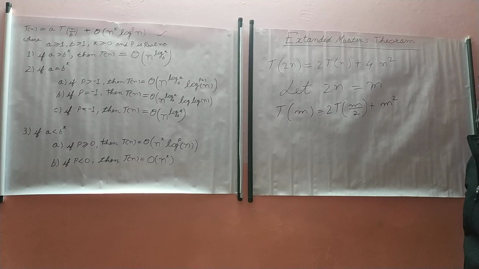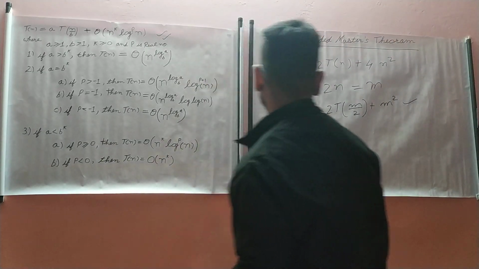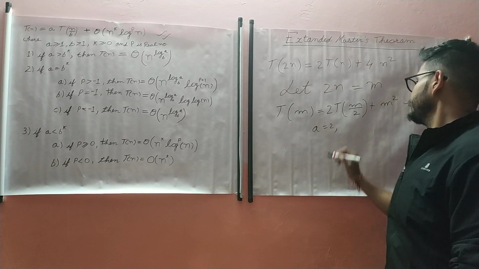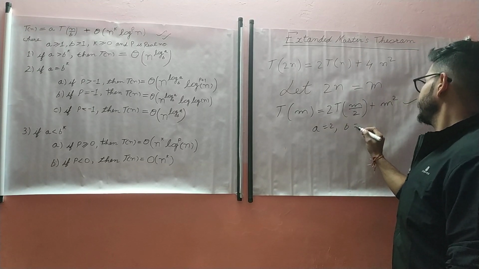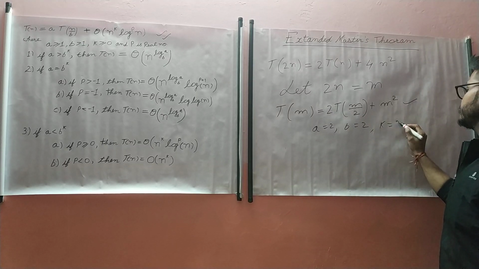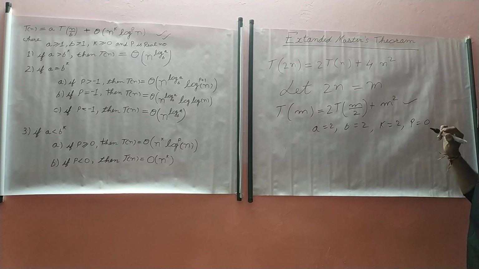Now compare this equation with the form. We get a equals 2, b equals 2, k equals 2, and p equals 0.